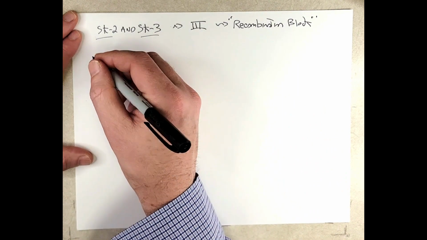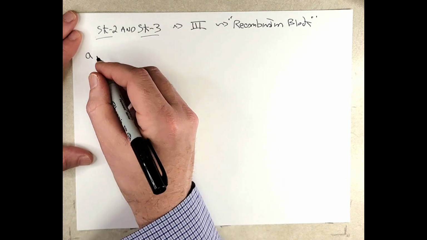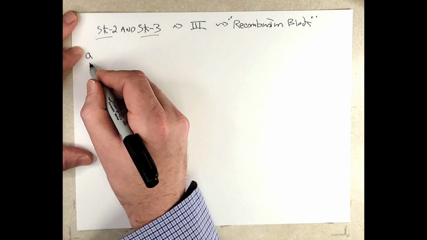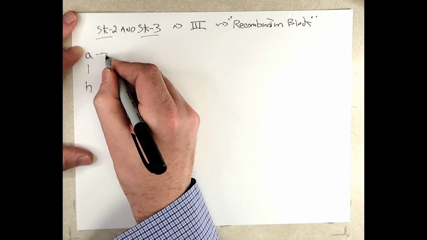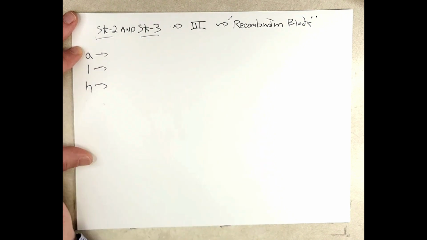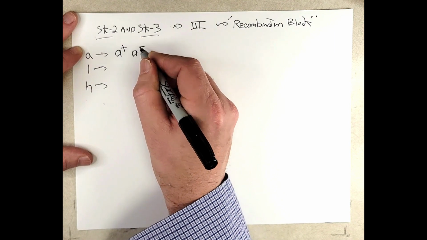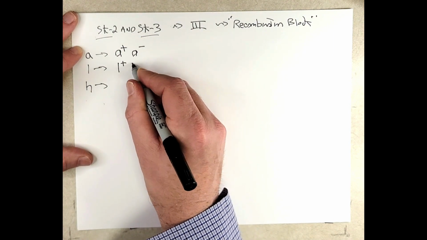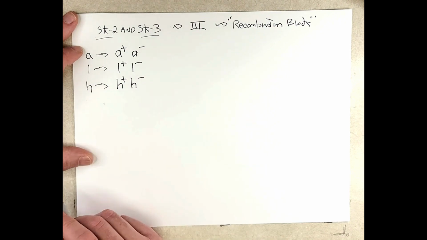So to show this, they used 3 genes that are also on chromosome 3. We're going to call these genes A, L, and H. Now these genes come in this cross in 2 different alleles: A plus and A minus, L plus and L minus, H plus and H minus.